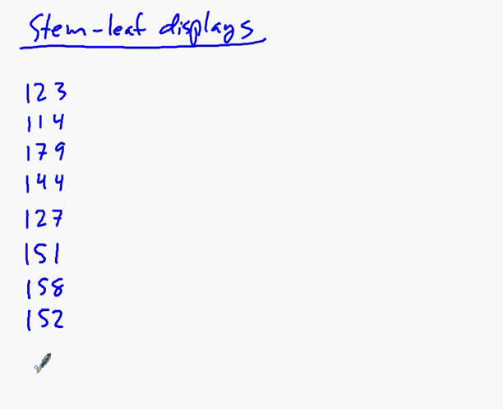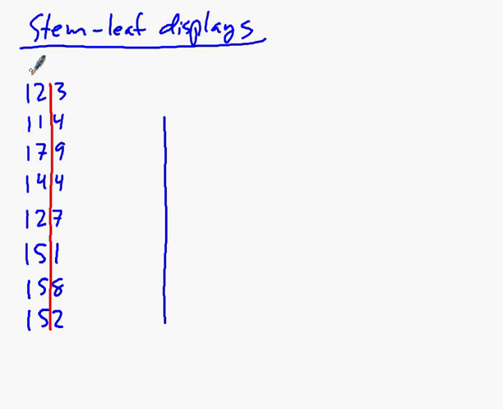So here's an original data set that I'm going to convert into a stem leaf display. So what we're going to be doing is kind of dividing these numbers up. And you'll notice that I'm going to draw a line right down there.